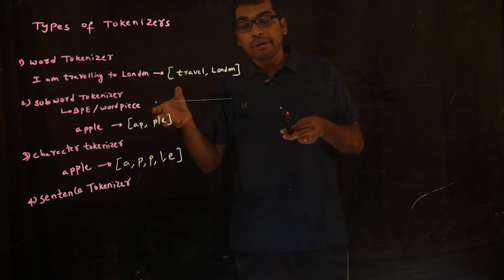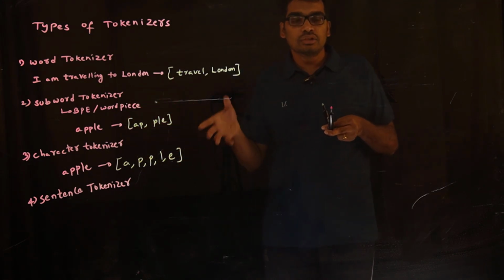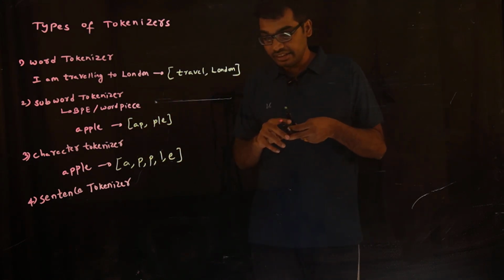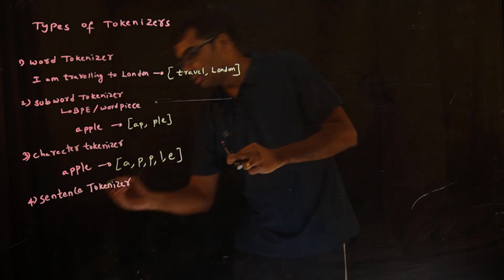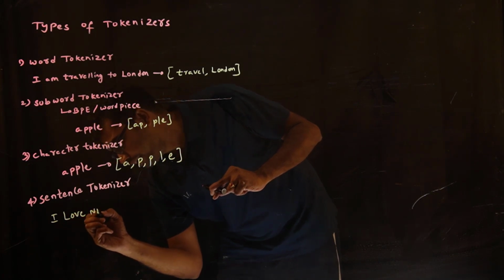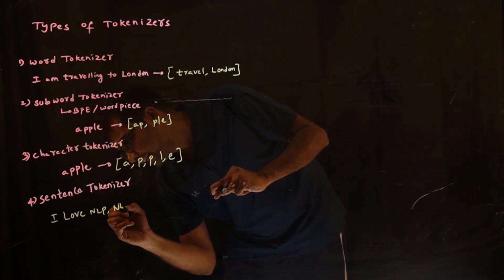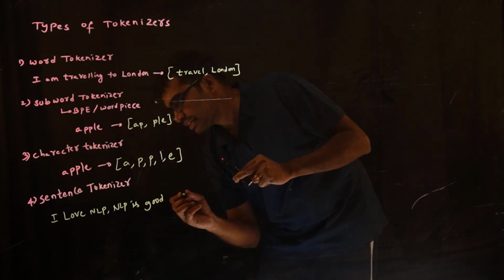Topic modeling is a kind of clustering technique, so it is mostly used in that sense, and you can also use it in summarization. Let's say the example is: I love NLP, and NLP is good.